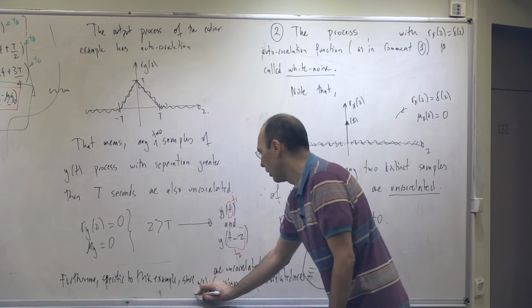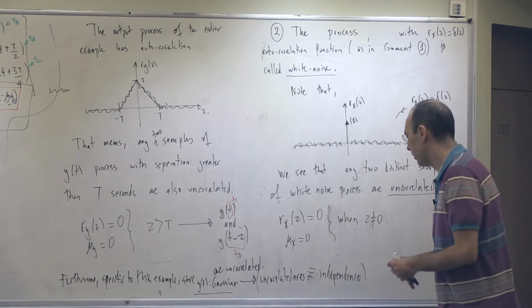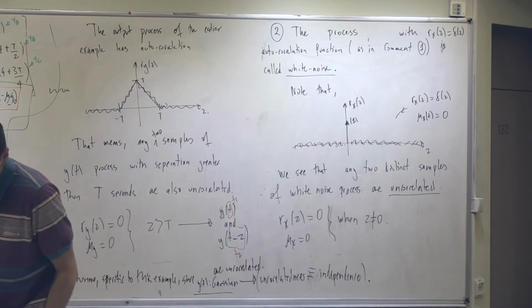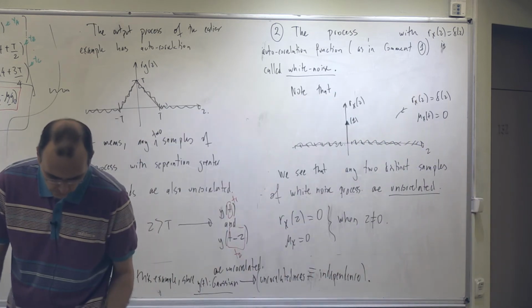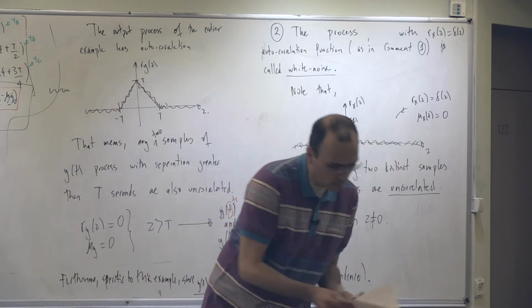Don't be confused. For Gaussian processes, uncorrelatedness is equivalent to independence. So again, emphasizing the important point one more time. So what else? Let me see.